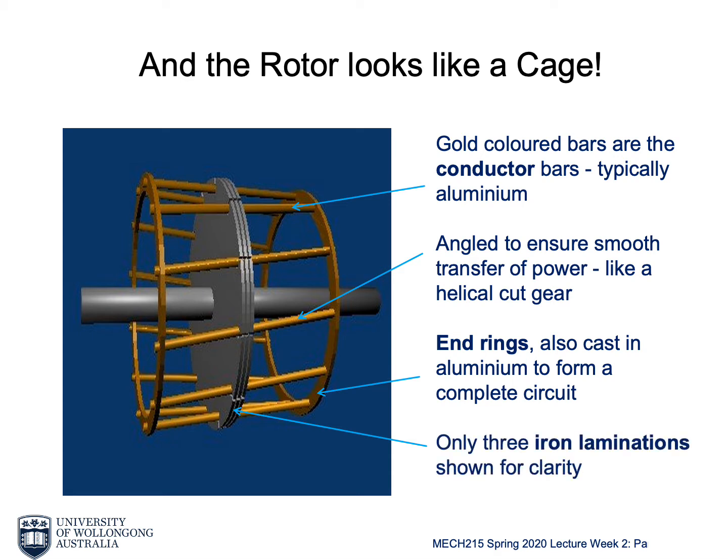The iron laminates are put in between the end rings. In the actual case, they will fill all the gaps to provide a larger magnetic field. Here, only 3 of them are showing, to make these aluminum bars more visible.